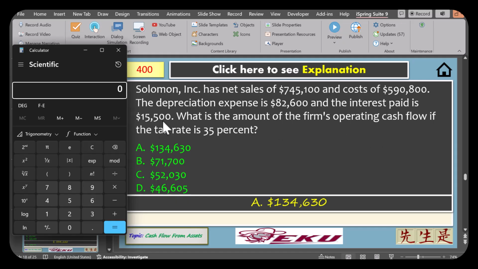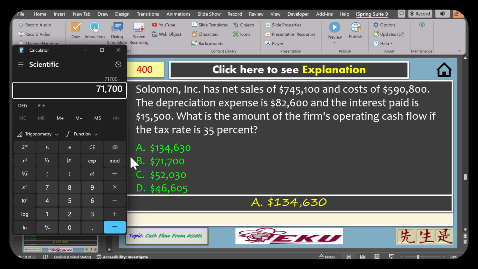So let's see, in this case, 745 minus 590,800. That's my EBITDA. Minus depreciation, 82,600. That's my EBIT, earnings before interest and taxes.